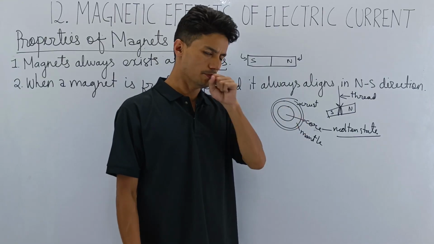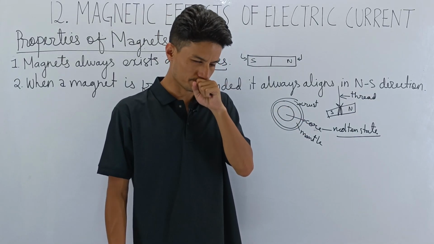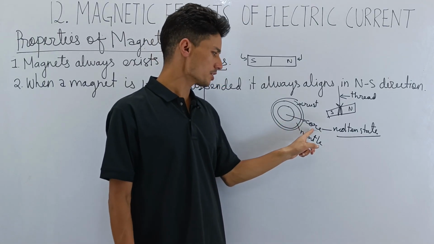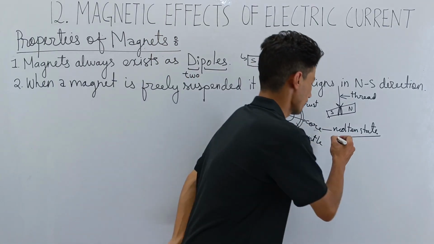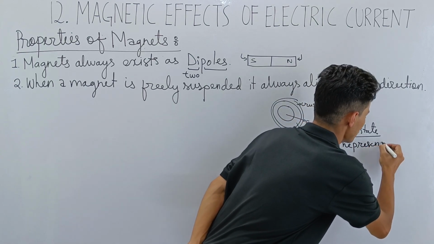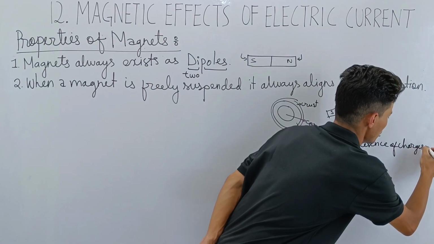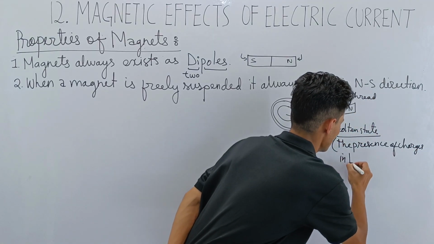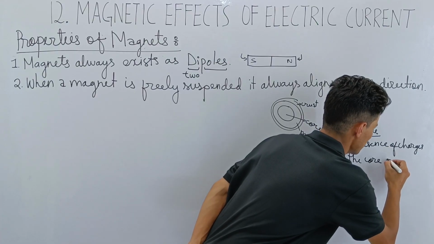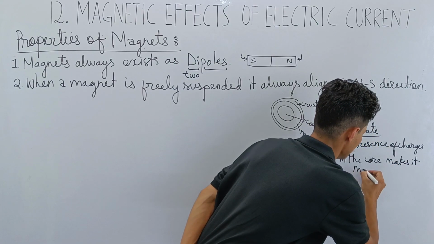So the presence of charges in the core makes it magnetic.